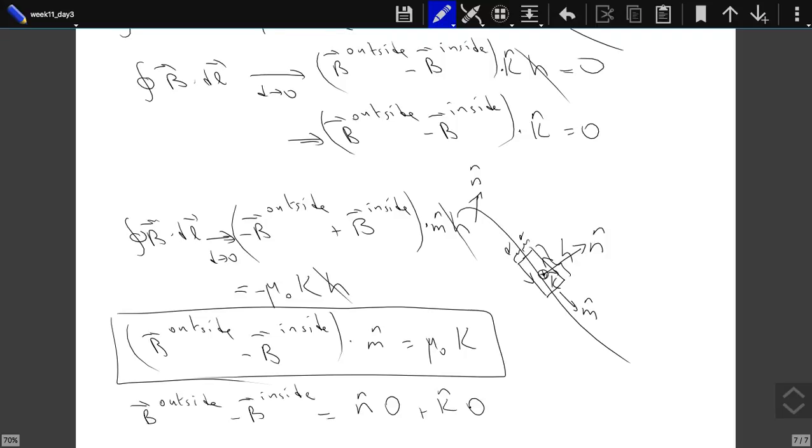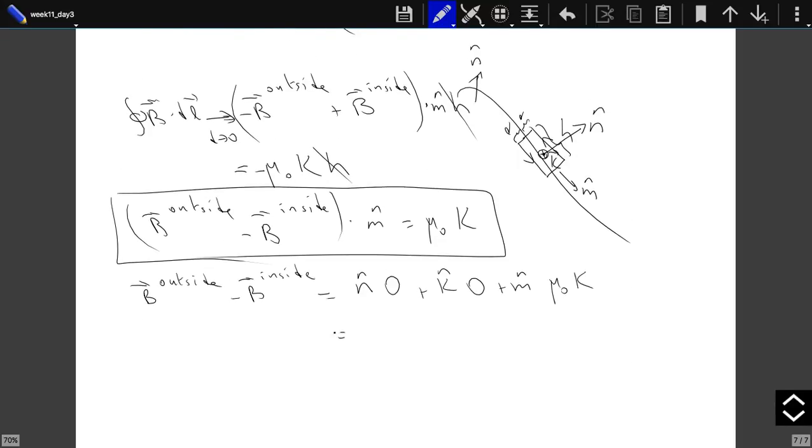And the final one is in the m hat direction. And in the m hat direction, we calculated that this difference is just mu 0 times k. Or this is equal to mu 0 k in the m hat direction. But let's see, m hat direction is nothing but k cross n.